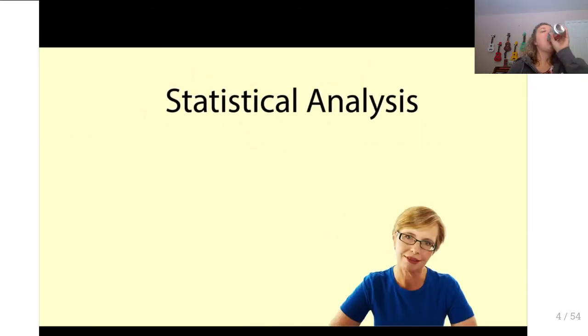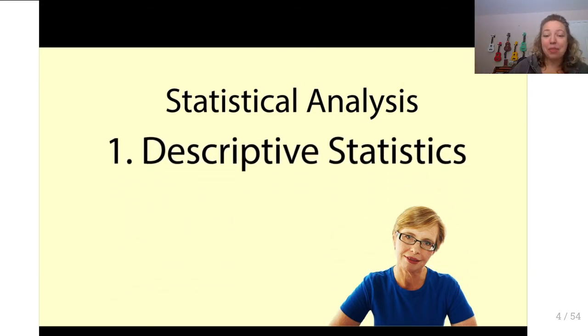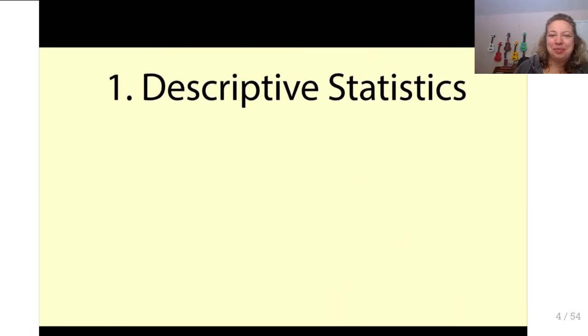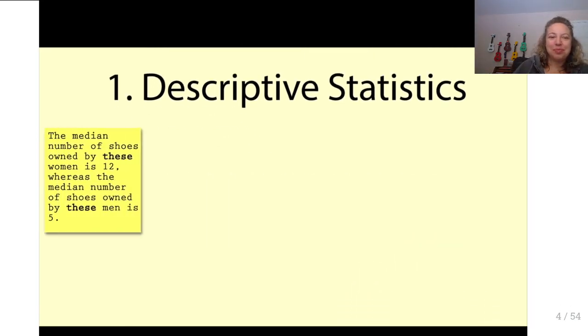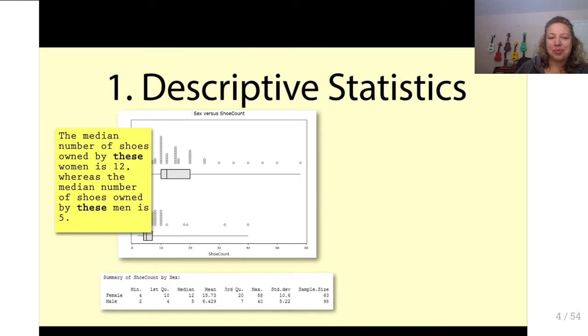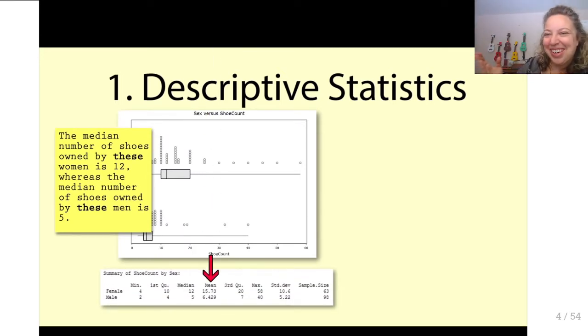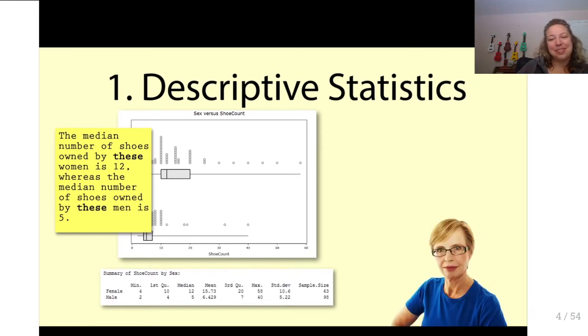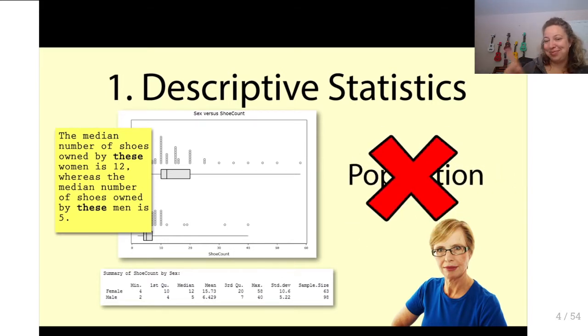Statistical analysis has two main focuses: descriptive statistics and inferential statistics. Descriptive statistics summarize data using graphs and summary values such as the mean and interquartile range. Descriptive statistics can help us identify relationships and patterns. Descriptive statistics do not draw conclusions beyond the data we already have.